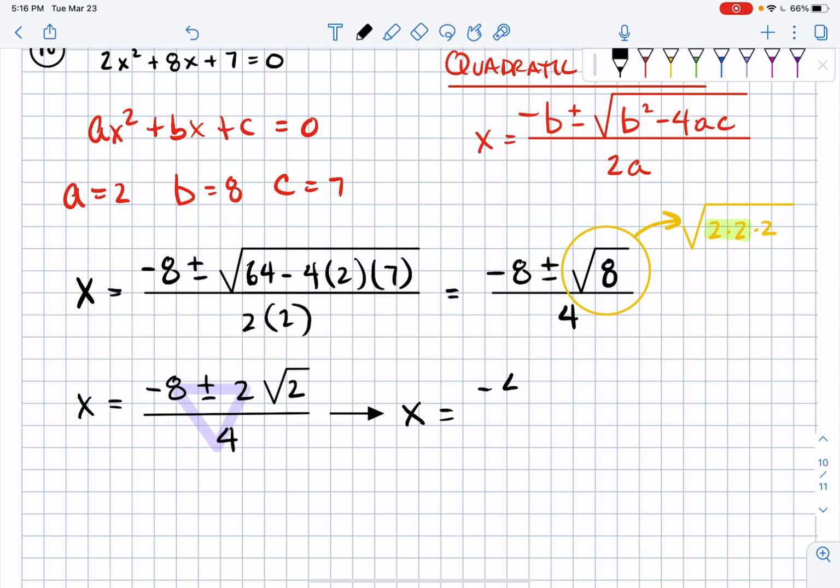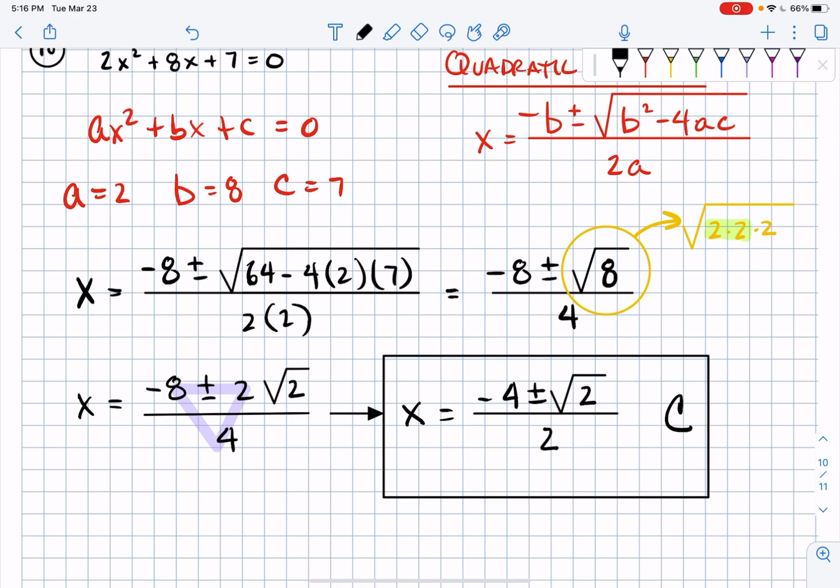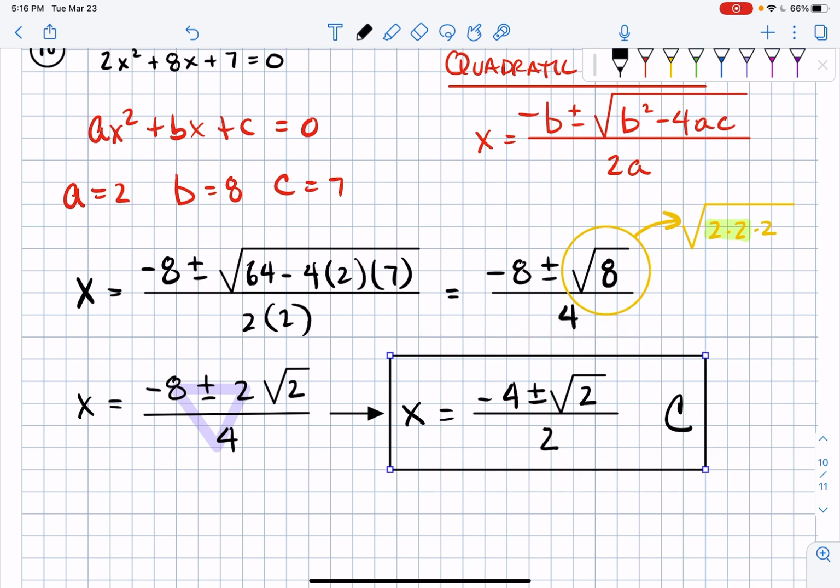So it would be negative 4 plus or minus square root of 2 all over 2. So that would be my answer right there. There we go. Which is choice C. And there we go.